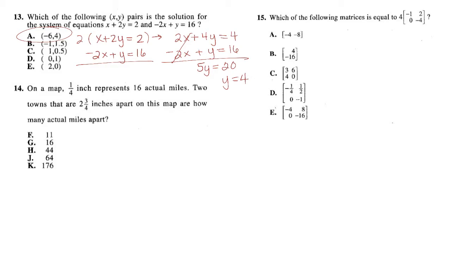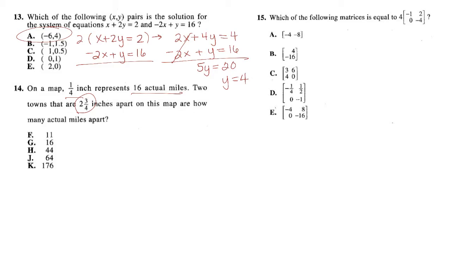All right, so number 14, we have a map. And 1/4 of an inch is 16 miles. So two towns that are 2 3/4 inches apart. So how many miles are they really apart?